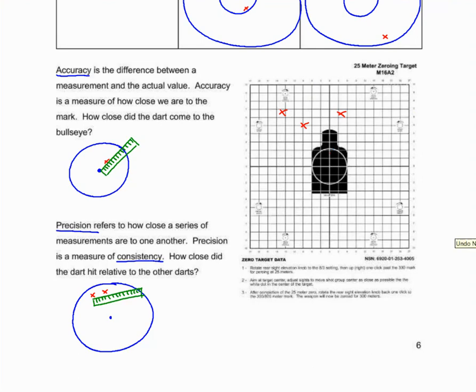What this would say about a person is that they are not pulling the trigger appropriately. They are pulling it too hard or releasing it wrong. And so once all the techniques are down, you should start seeing precision. And then once the sights are fixed, you should start seeing precision and accuracy.